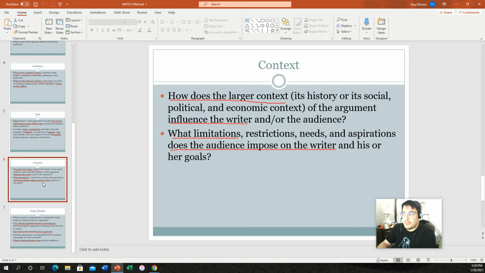Maybe there were certain limitations, like they didn't use enough evidence, or they didn't use enough ethos, or they never established their ethos. Or maybe they gave a ton of evidence, but all the evidence they gave was kind of sketchy or from unreliable sources, or maybe they didn't cite where they got their information from. All of this stuff plays a huge role in the authenticity of the piece of writing, in your analysis of whether or not it was effective.